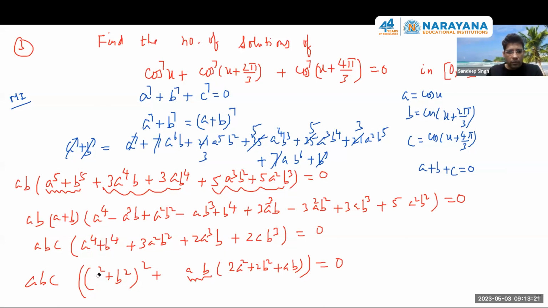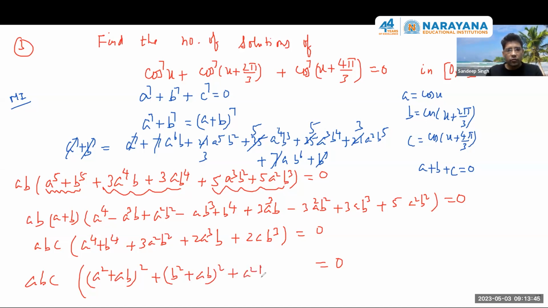So rather than this, I should frame it like A square plus AB. So if I write A square plus AB whole square, that is going to be A power 4 plus A square B square plus 2A cube B. Yes, I think this is better. B square plus AB whole square. So A square B square is there 2 times. And finally, A square B square. Is that what you were telling, right?